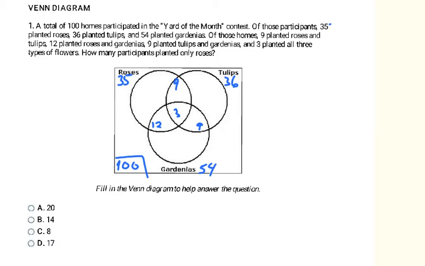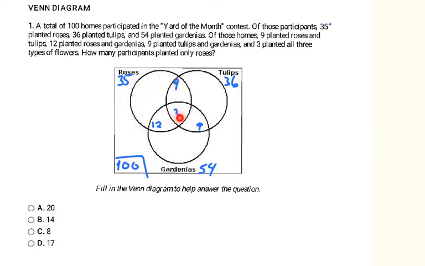All right, so I'm going to go ahead and figure out how many are only roses. If I'm going to do that, I need to find out how many are just roses and tulips, and how many are just roses and gardenias. So I need to start working backwards.